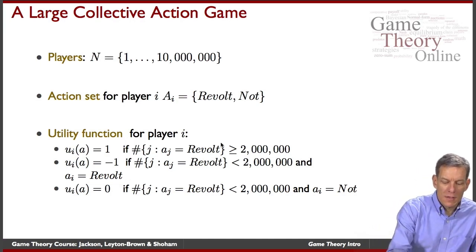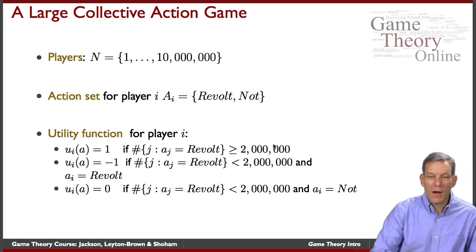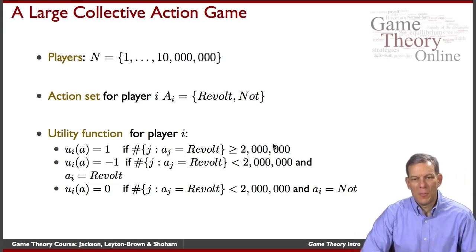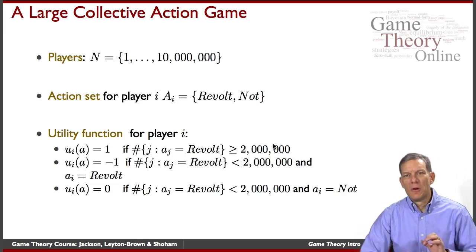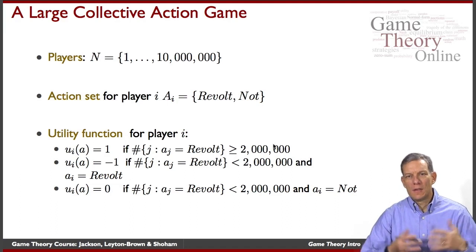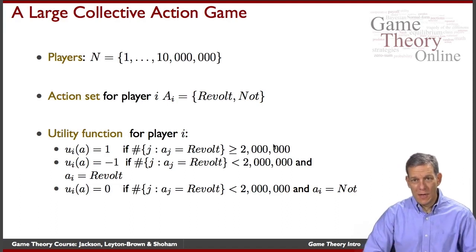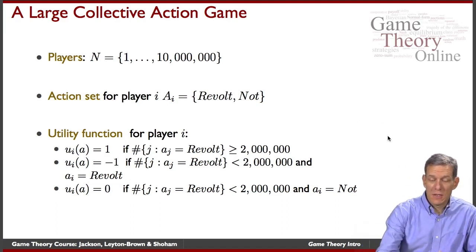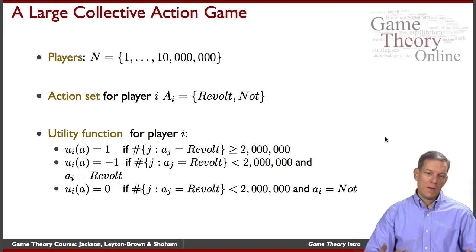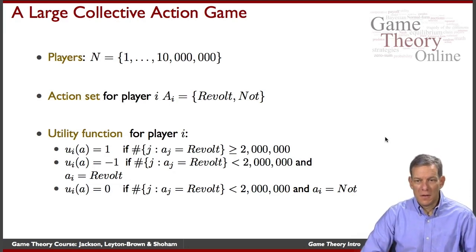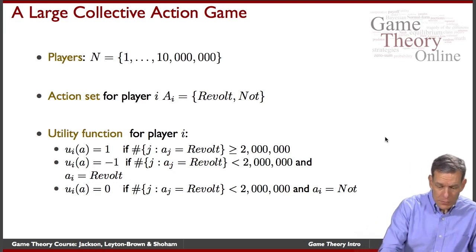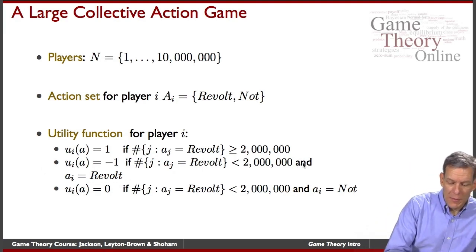And note that this is true regardless of whether i is one of the revolt participants. So this is a game where you care about the end outcome, not necessarily getting utility out of the participation. We could change this and have people get enjoyment out of the participation or have costs of the participation directly as well.